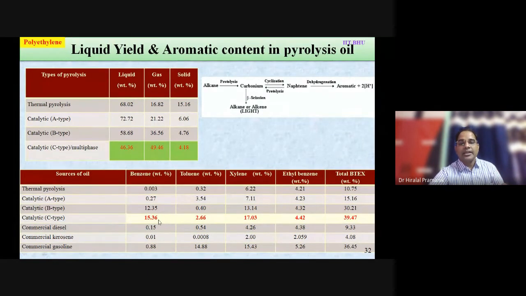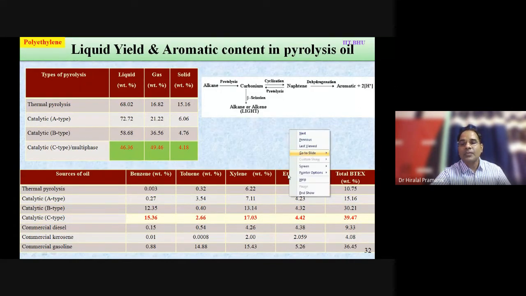But if you analyze benzene, toluene, ethyl benzene, xylene, 39.47 is the highest amount. So if you compare with thermal pyrolysis, let me take the marker. This thermal pyrolysis is only 10.75, and here you can see 39%.